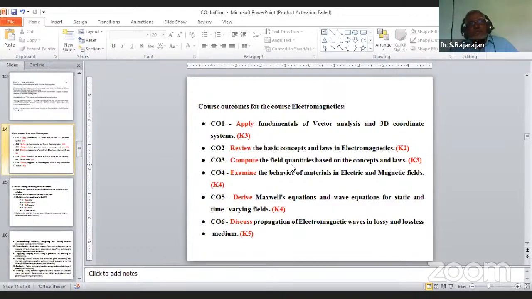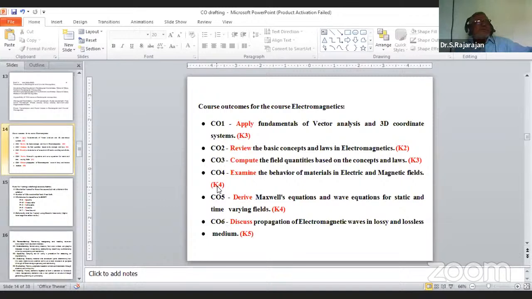Next, CO4, course outcome 4: examine the behavior of materials in electric and magnetic fields. It is given in K4. See, we are struggling with K3, but they have given K4 here.